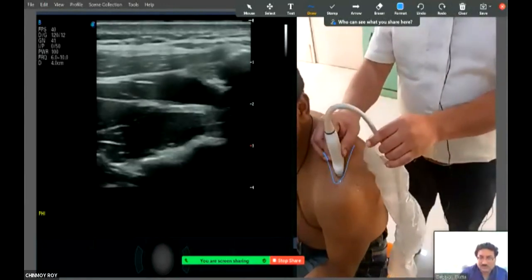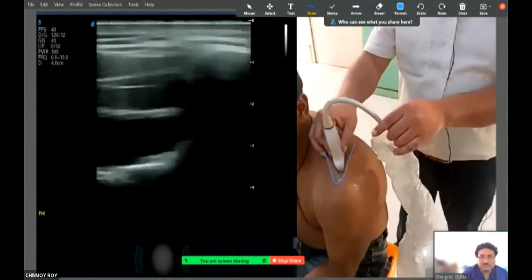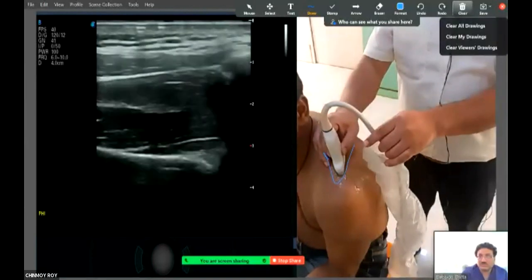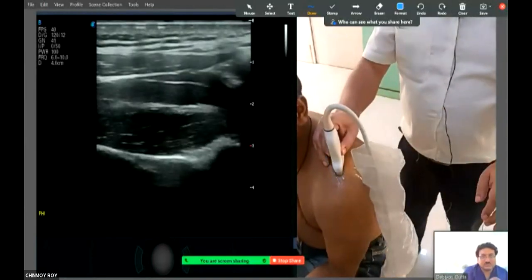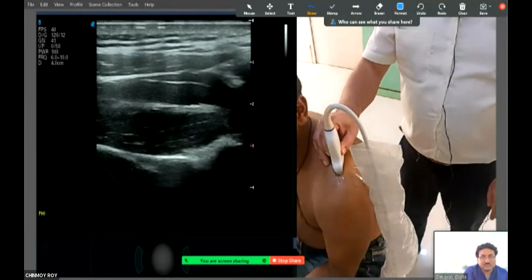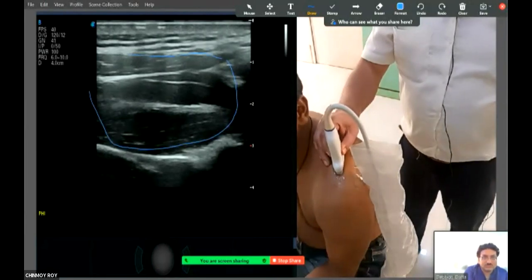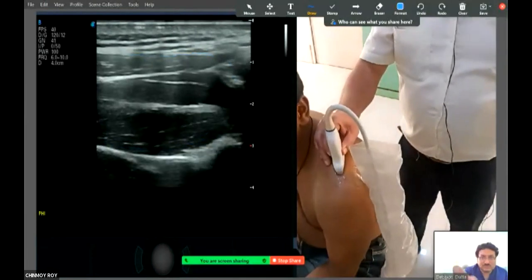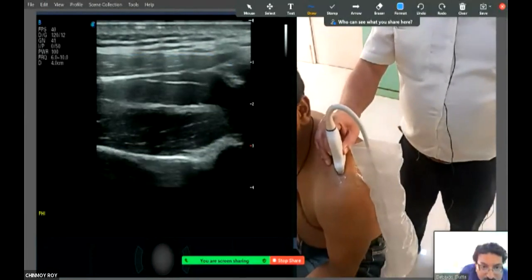So I see the supraspinatus muscle and the bony shadow again, and on the right-hand side you will see a vessel pulsating there.